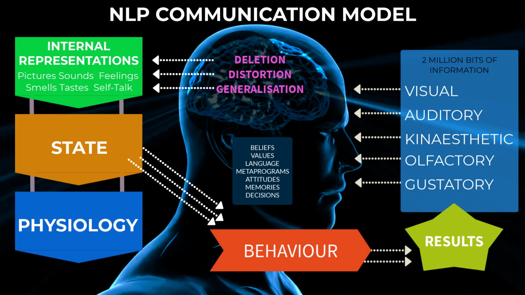NLP coaches are not really helping the client create a change directly in their reality, but in their map of reality. Once the map changes, the client's ability to cope with reality improves, which finally creates a change in the client's responses, behaviours and results.